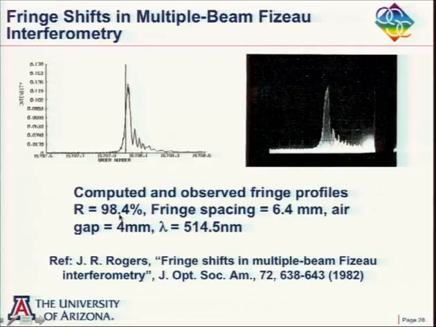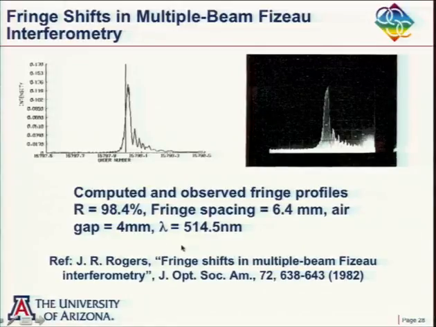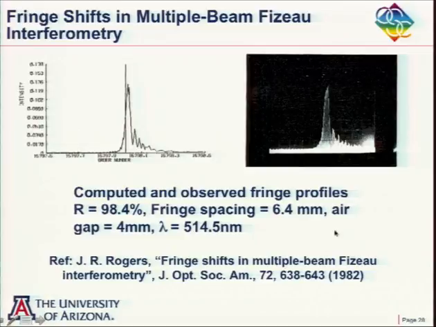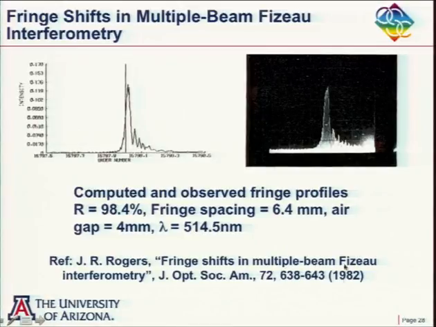This was for a particular case of reflectivity, 98.4%. The fringe spacing had to do with the tilt, and the separation between the two mirrors of 4 millimeters was very important. Anyway, that's a neat paper.